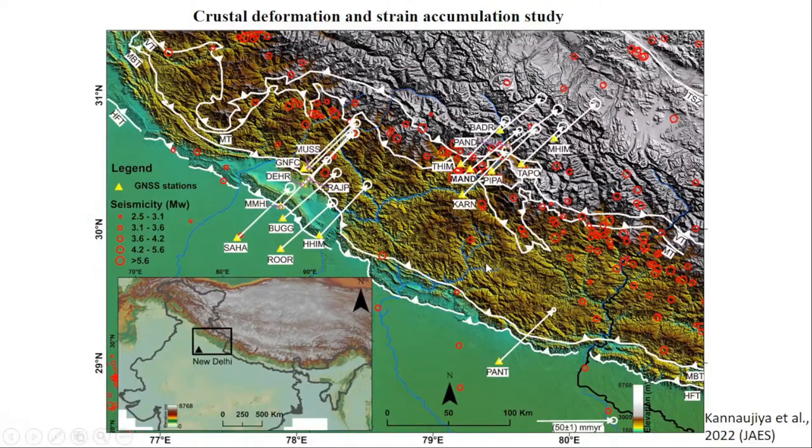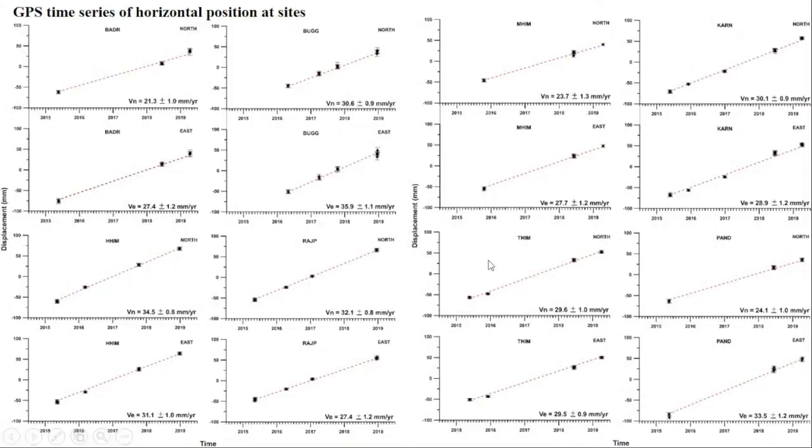So when we estimate, this is the time series, the displacement of campaign stations. As I told you, we go periodically to get the campaign data. That's why we get 2 points, 3 points, 4 points, 5 points, like that. Here it is 3 time measurements, here it is 4, and here it is 5. Depending on the time and all, we go for this measurement.